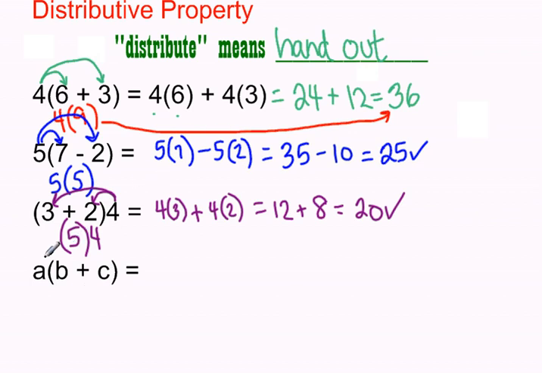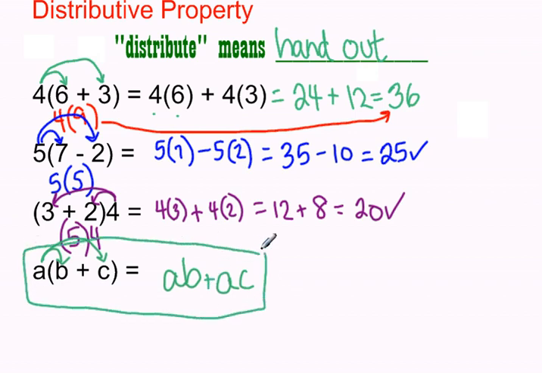So in this problem, I'm going to do what I've learned to do, and that's distribute A times B, which looks like this, and A times C, which looks like this, plus sign in the middle. This is the algebraic definition of the distributive property.